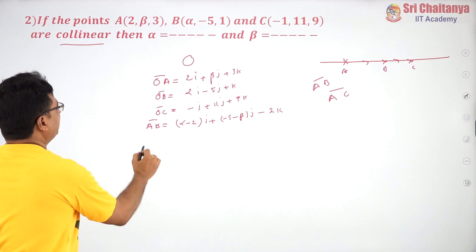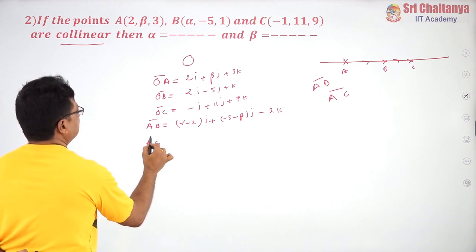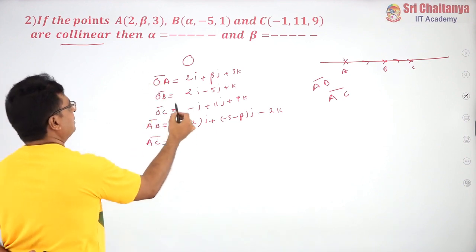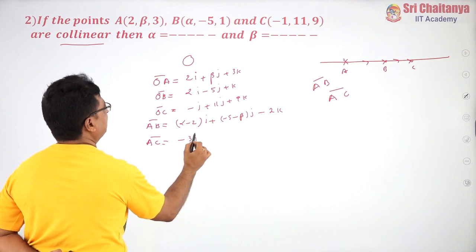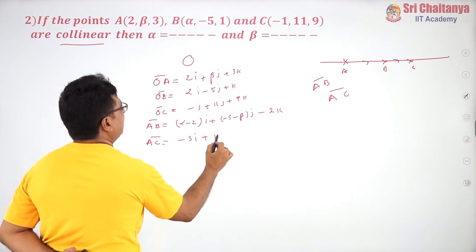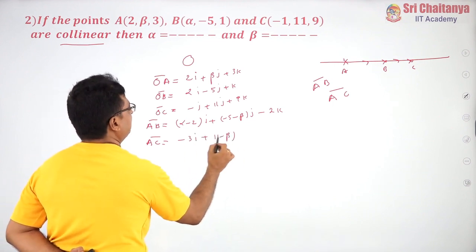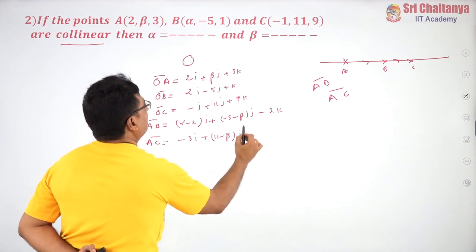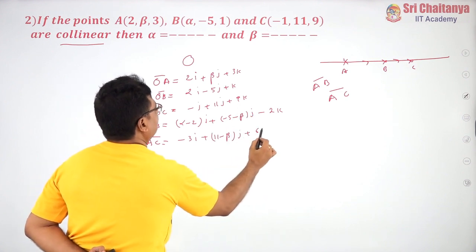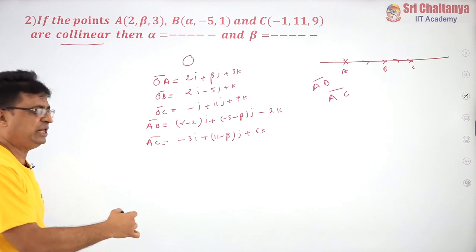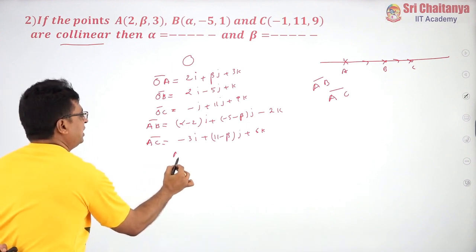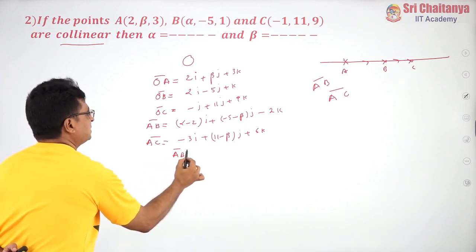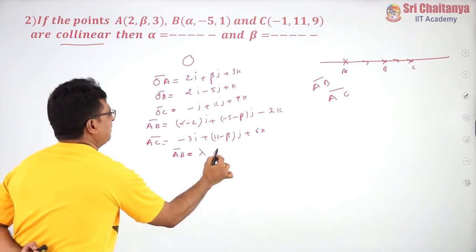This is AB bar. What is AC bar? AC bar is equal to OC bar minus OA bar, that is minus 3i plus 11 minus beta j plus 6k. If these two are collinear, as per the definition of collinearity, one can be expressed as some scalar multiple of the other.